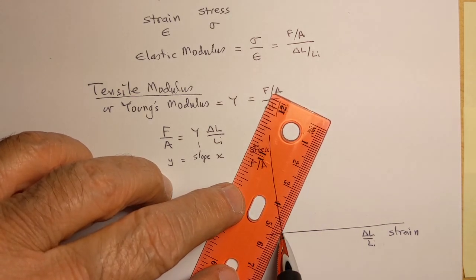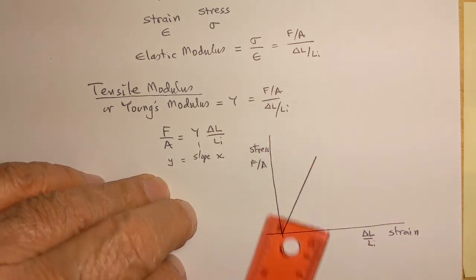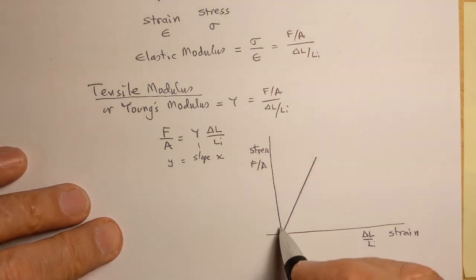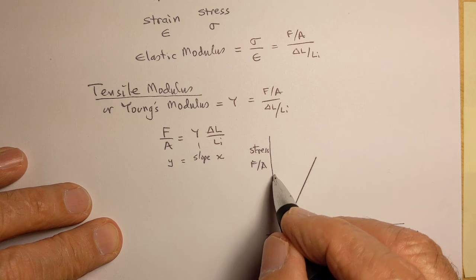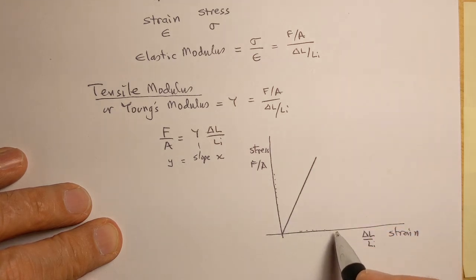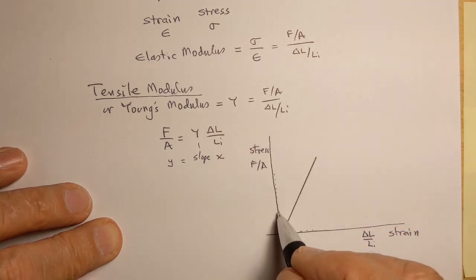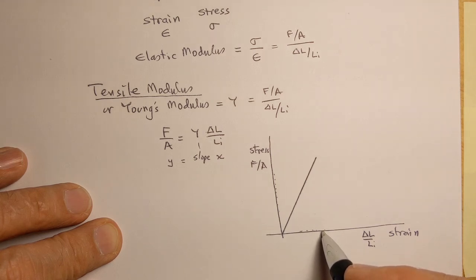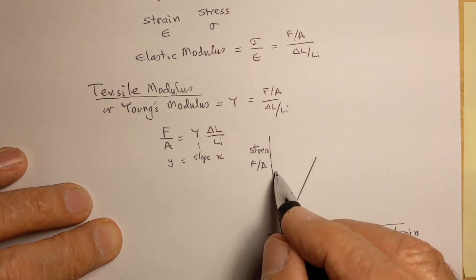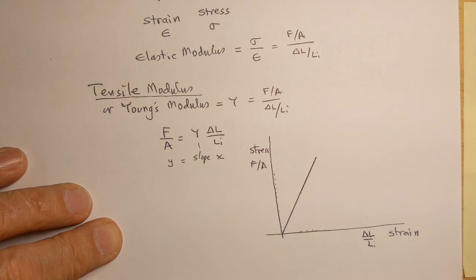That's how it would behave. If we keep on increasing the stress, the strain will keep on increasing, and it's a linear relationship. You double the stress, the strain is double. In other words, if you double the force, the elongation will double.